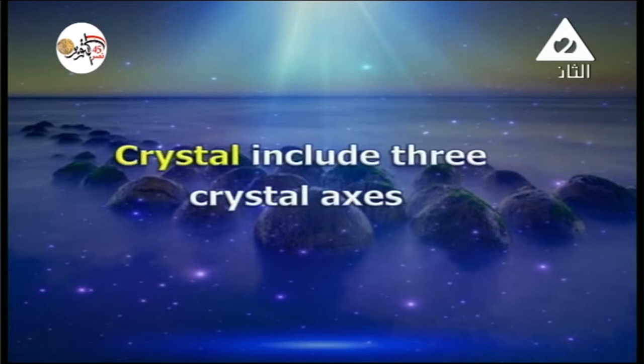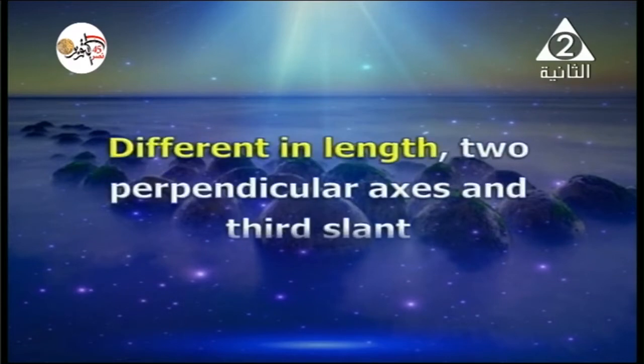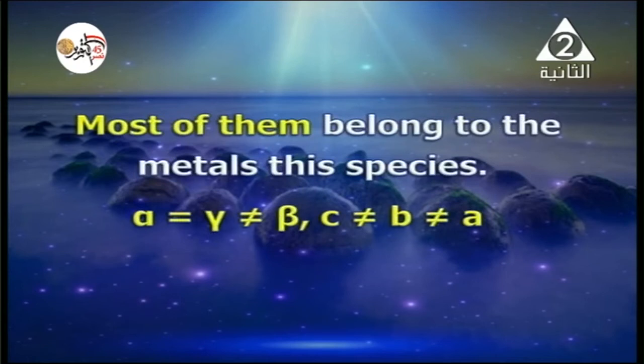Crystal includes three crystal axes, different in length, two perpendicular axes, and the third is inclined. Most of them belong to the metals, this species. We have alpha equal to gamma but not equal to beta.